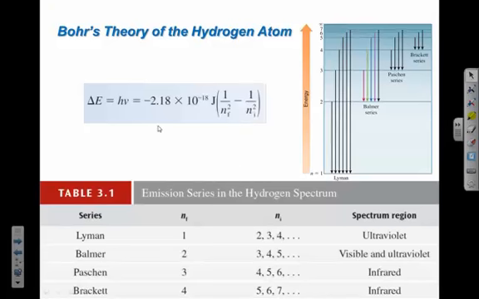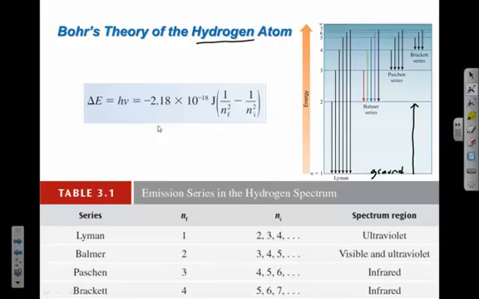Just to point out, energy level 1 is the ground state. That's where the electrons are closest to the nucleus. That's where the electron for hydrogen, at least, starts. And so there's a certain quantity of energy associated with exciting that to n equals 2. If I have that quantity, it will be excited.